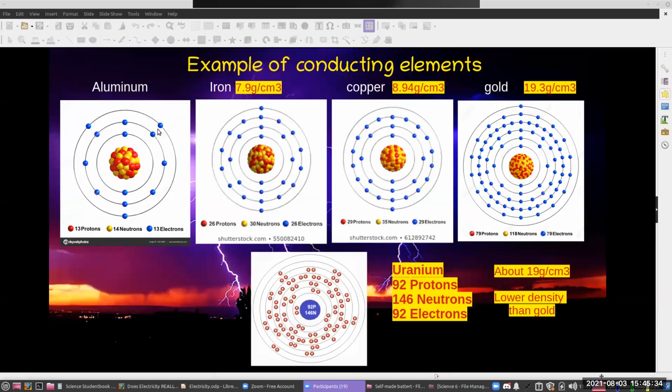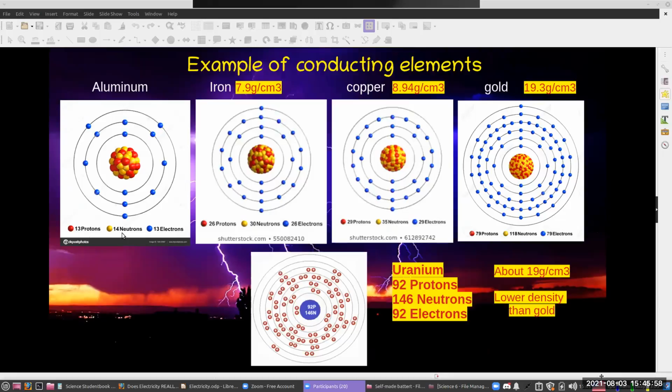Now every element is made out of protons and neutrons. Okay, not every material. As an example, oxygen has only one part. Here, aluminium is made out of 13 protons and 14 neutrons.